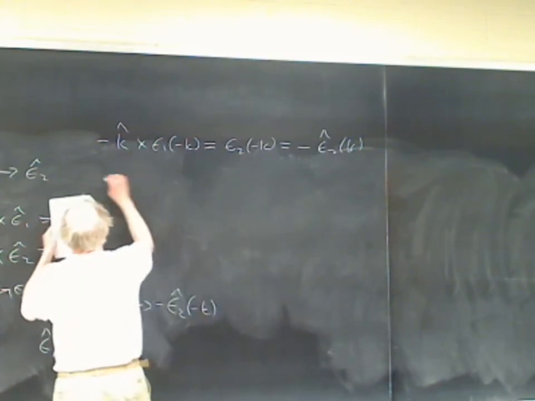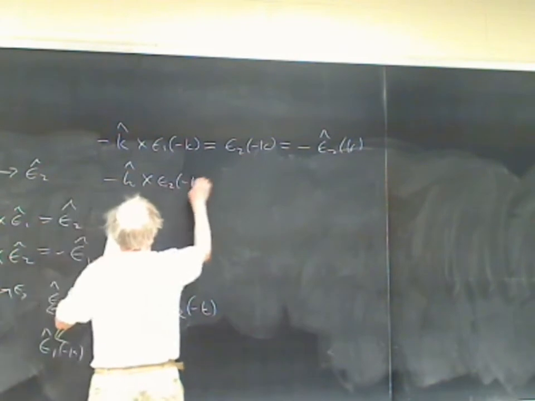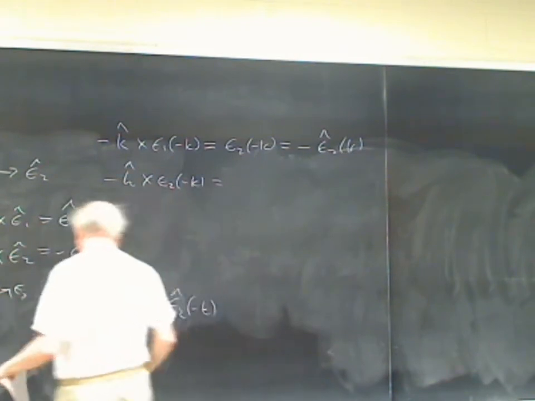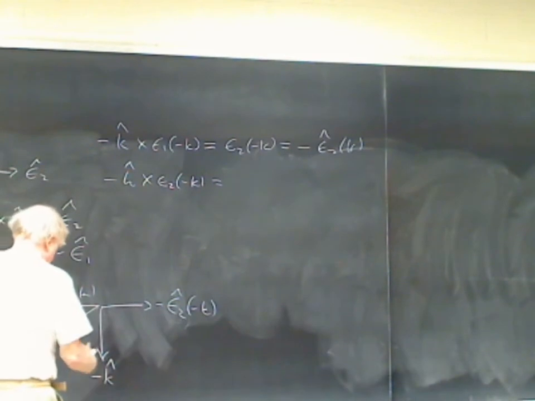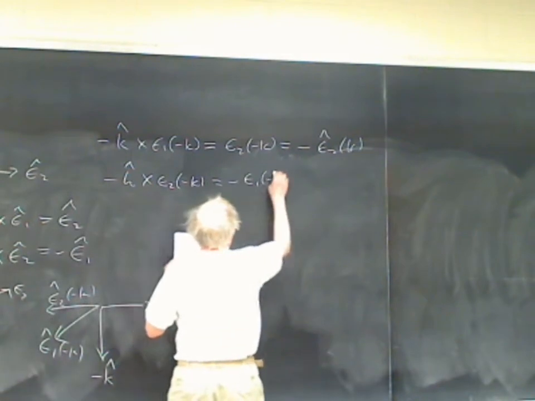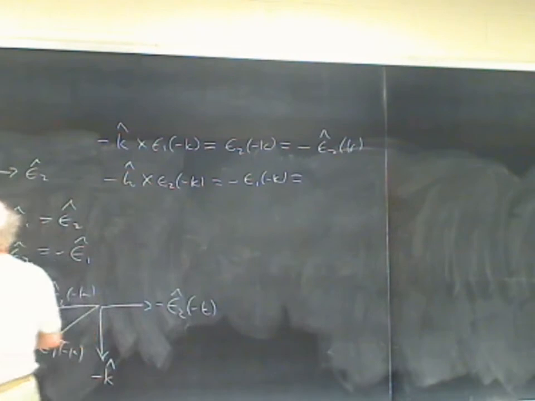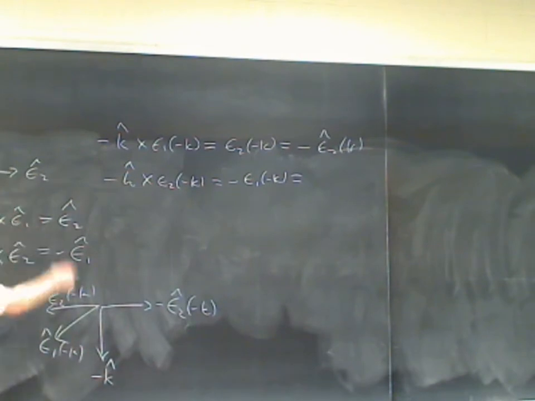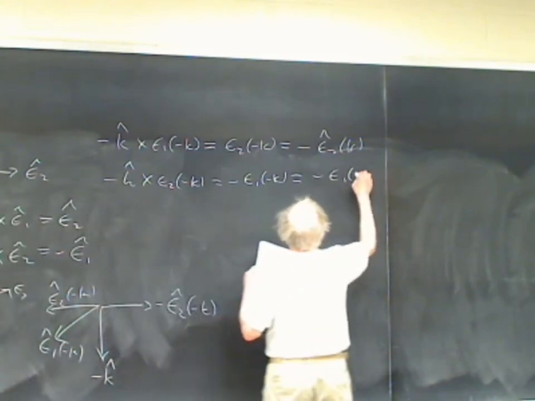We know they're unit vectors. Minus k hat cross epsilon 2 of minus k would be minus epsilon 1 of minus k, and that is the same, that is minus epsilon 1 of k.